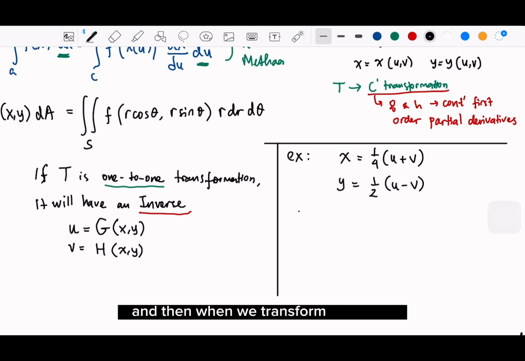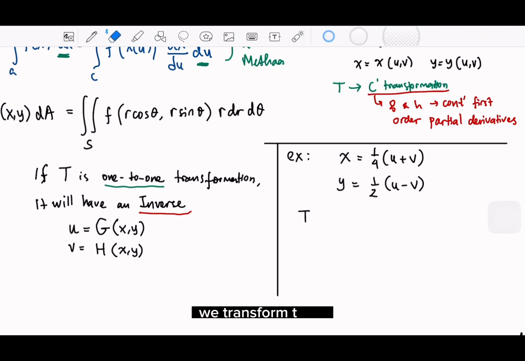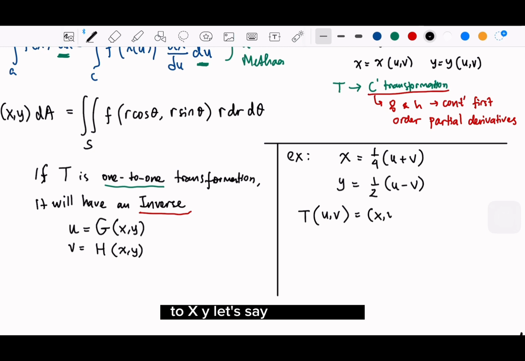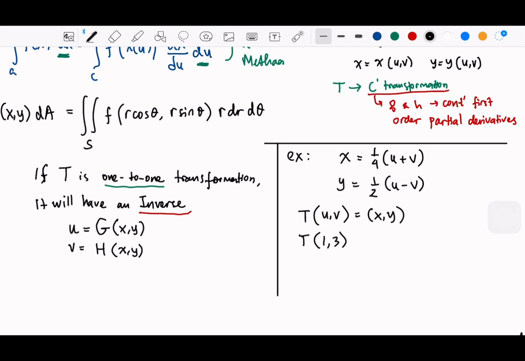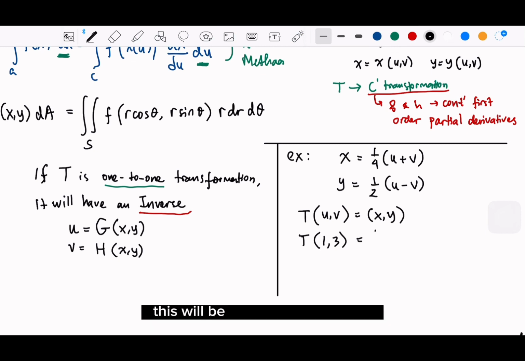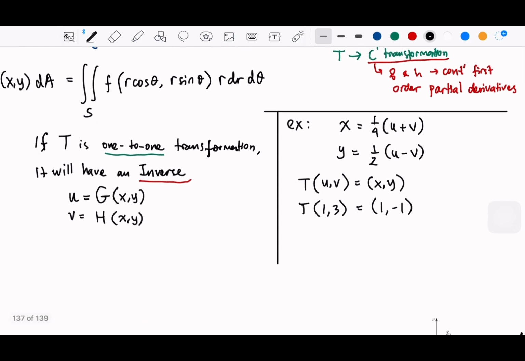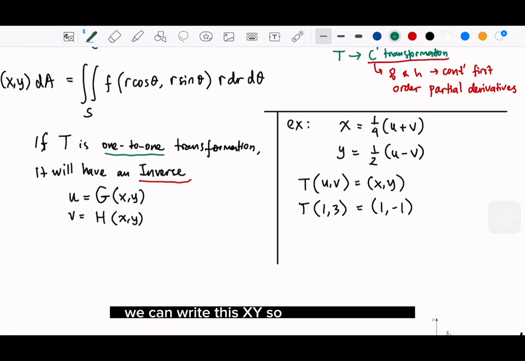And then when we transform, let's say T, we transform T from uv to xy, let's say, when uv is 1, 3, this will be 1 and negative 1, right? Just plug in the points, just a regular way. Okay, now we can write this xy, so let me write here.